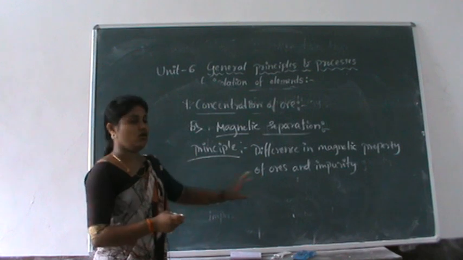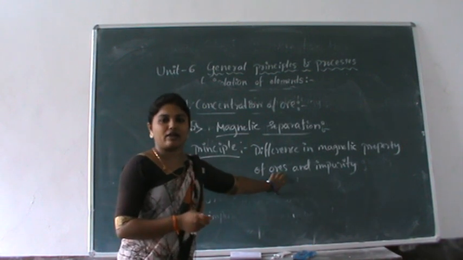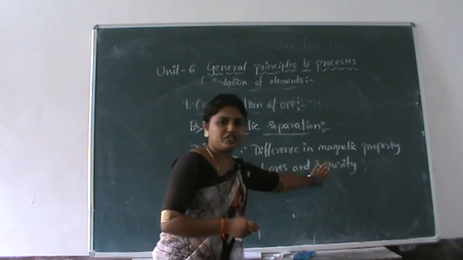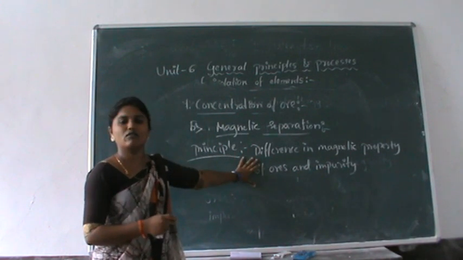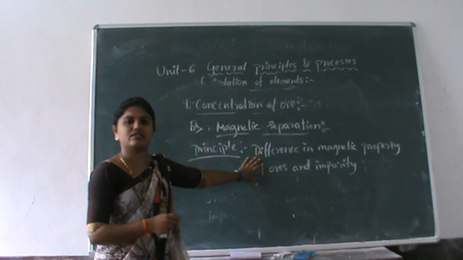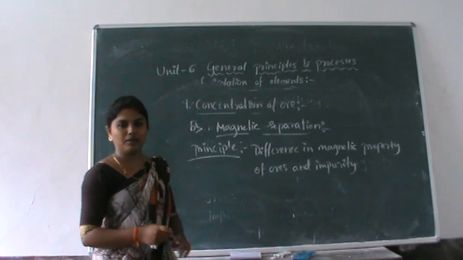Whether the ore may be magnetic or the impurities may be magnetic, one of the two will have magnetic property. So we can easily separate the ores and impurities.